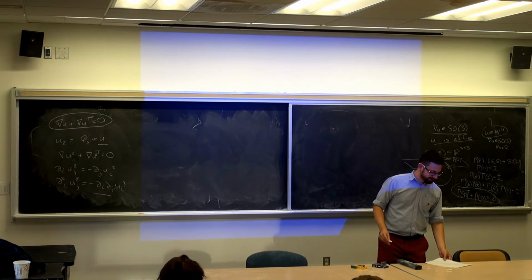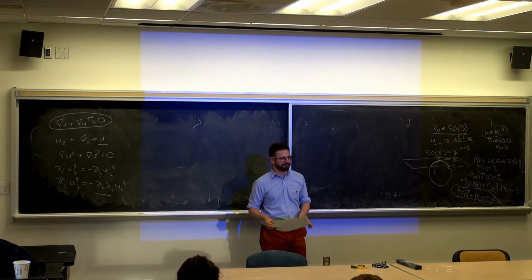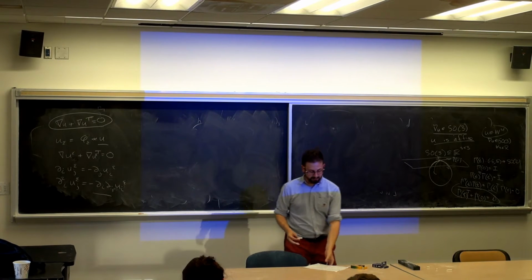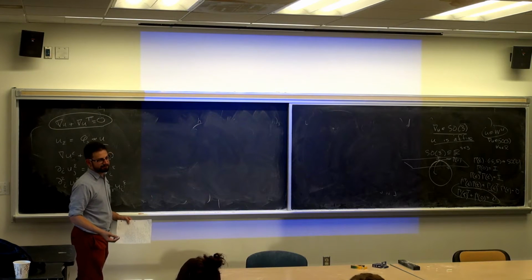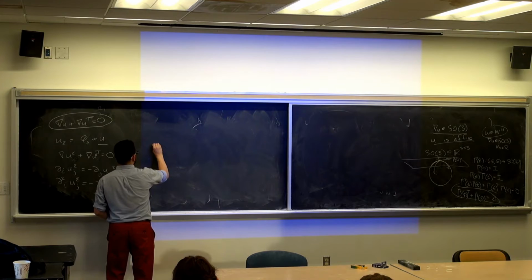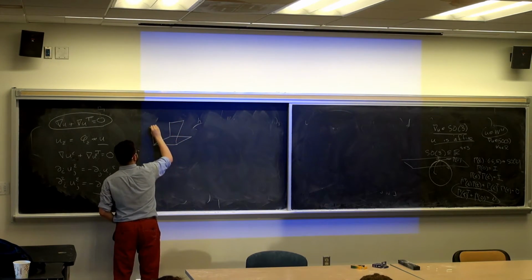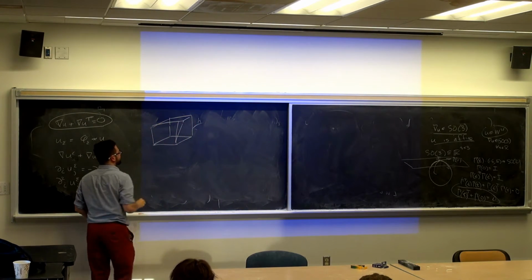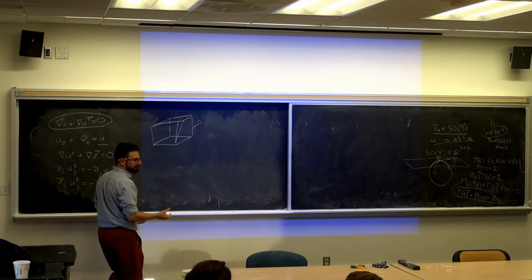So question number one is, how come I can bend paper? And what's really keeping me from doing this? The heuristic that I keep in my head for why you can't do anything interesting with a three-dimensional object is this: you've got a unit cube here, and you try to bend it at all.